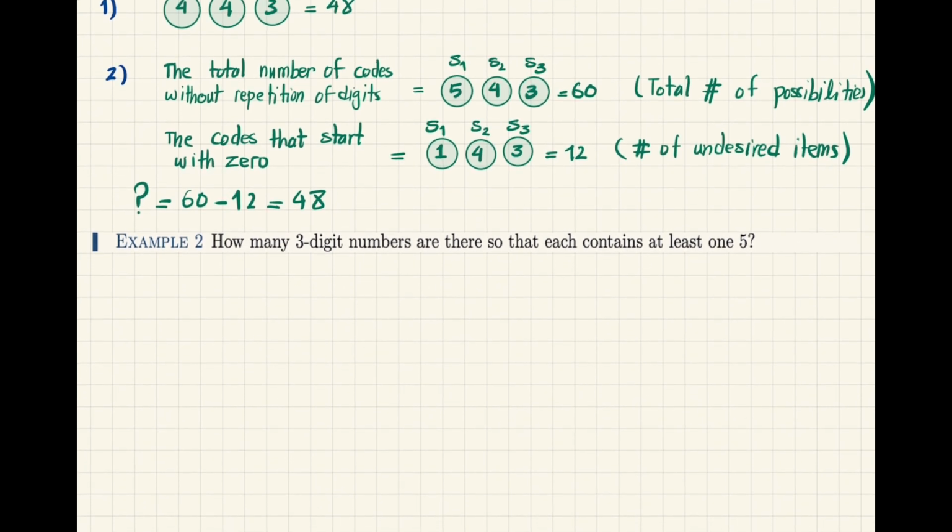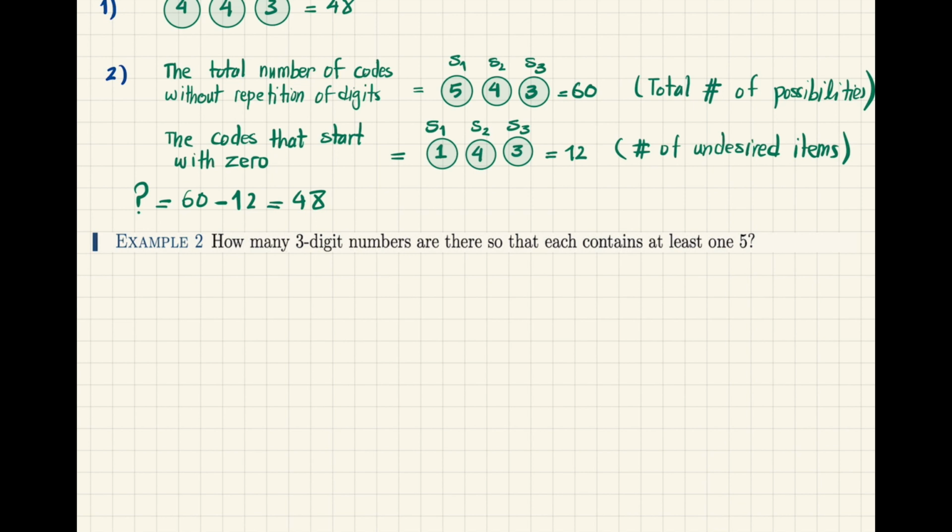So for example, let us consider example 2. How many 3-digit numbers are there so that each contains at least 1 5? Here, what do you think? Do you think using the complement rule is better, or just the direct way?